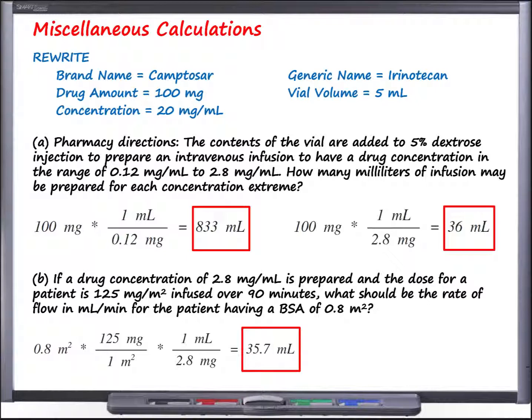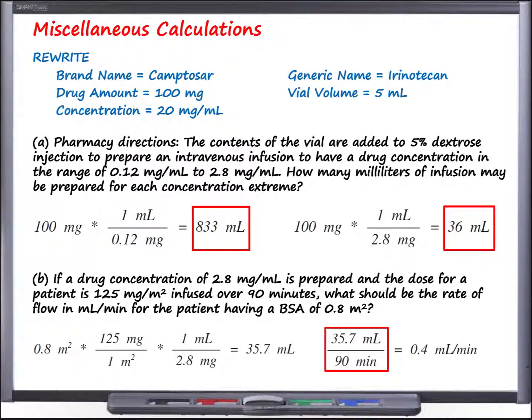Okay, that's the volume of the solution we need, but the question wants to know the flow rate in milliliters per minute. So our last step is to take the volume we just calculated, which we have to administer, and divide it by the administration time. We were told in the question to infuse it over 90 minutes.